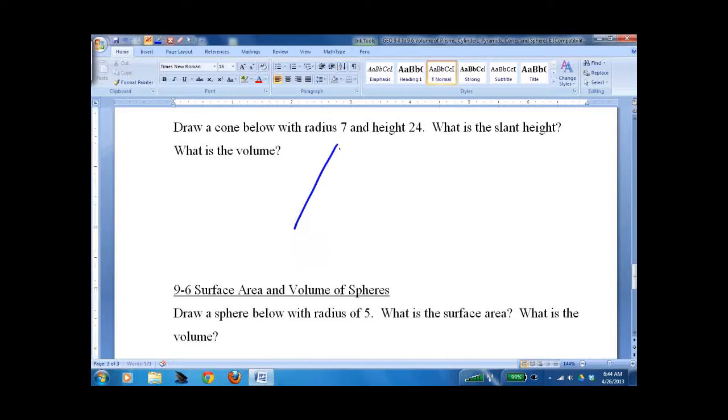Same exact formula. Volume equals 1/3 base area times the height. So radius 7, height of 24.